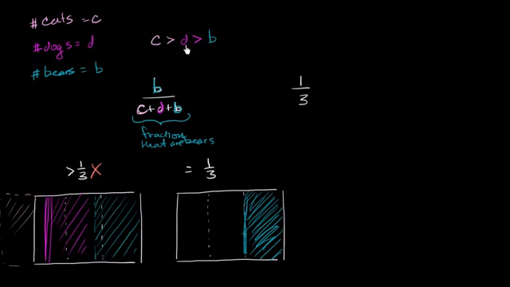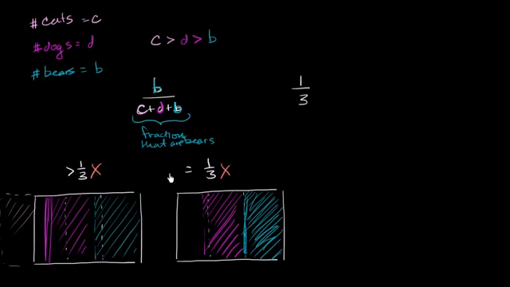So the fraction that are dogs would have to be greater than 1/3. But if the fraction that are dogs is greater than 1/3, then all we have left is something less than 1/3 for the cats. And the cats are actually the largest fraction of the animals. So we know that this also is not a possibility.